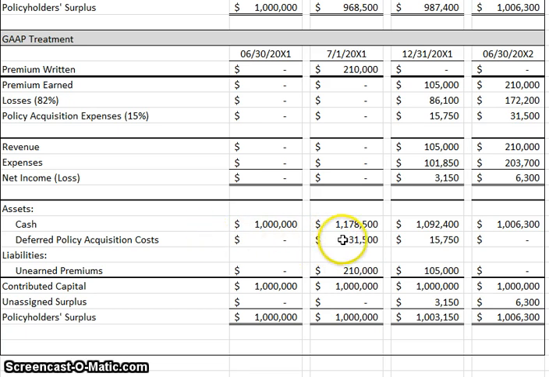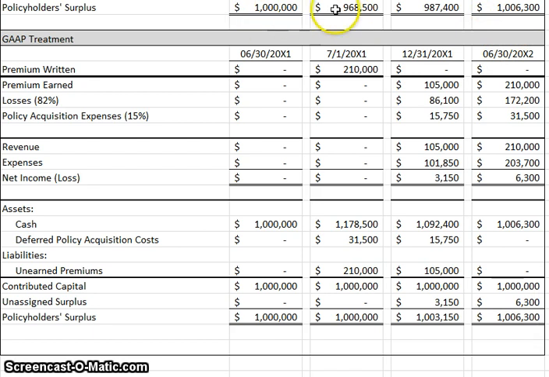And over time, we begin to subtract those expenses at the same rate that we take ownership, if you will, recognize is the correct accounting term, the revenue. So as a result, we don't see that drop in surplus that we saw up here under SAP. At the end of the 12 months, both GAAP and SAP are equal.